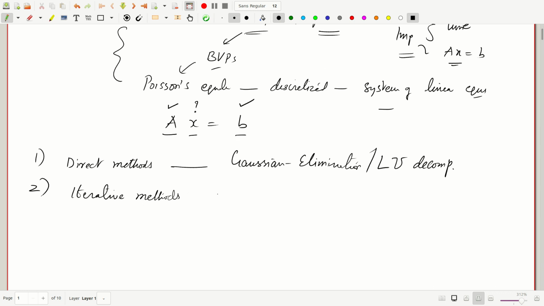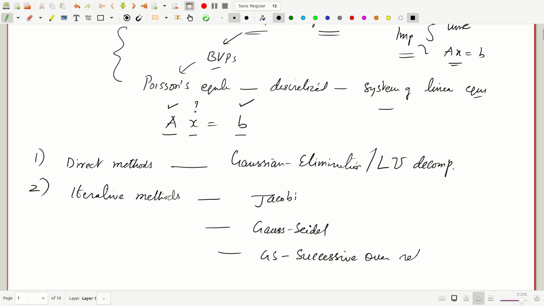And the examples of iterative methods are the Jacobi iterative method, the Gauss Seidel method, as well as the Gauss Seidel successive over relaxation method, that is your GSSOR.